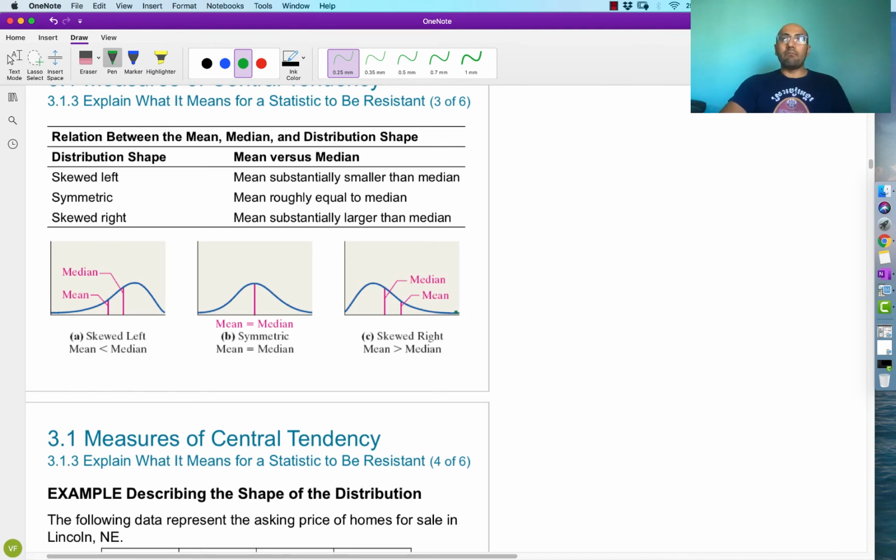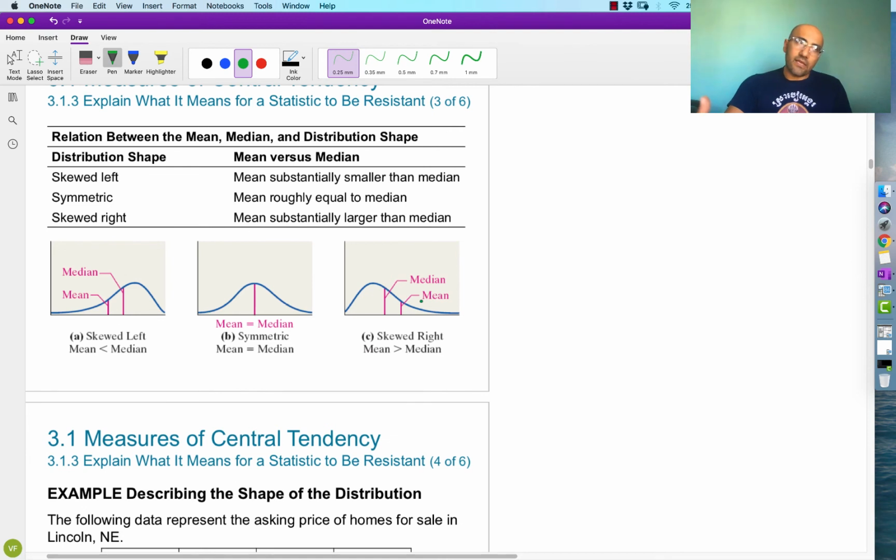So when we find the mean of salary, the few people that make a lot of money really impact the mean salary of everybody, right? If we took the mean income of all faculty members at our school plus Bill Gates, well, Bill Gates' salary is going to be so much larger than the rest of us that when we find the mean, it's going to be some huge number, right?